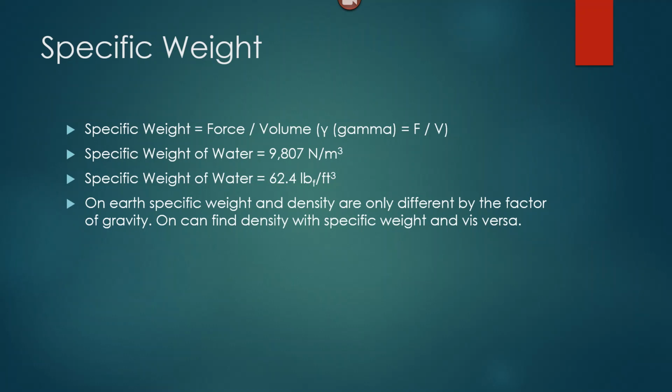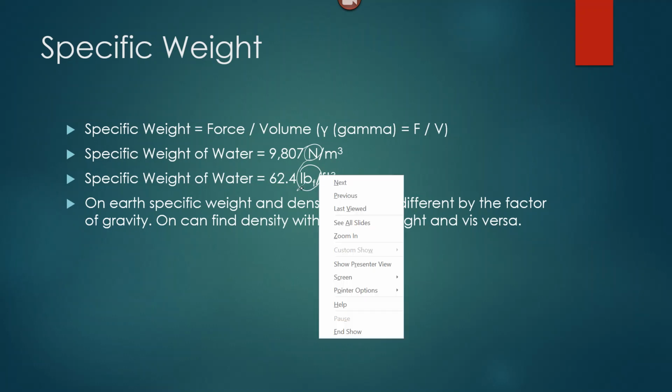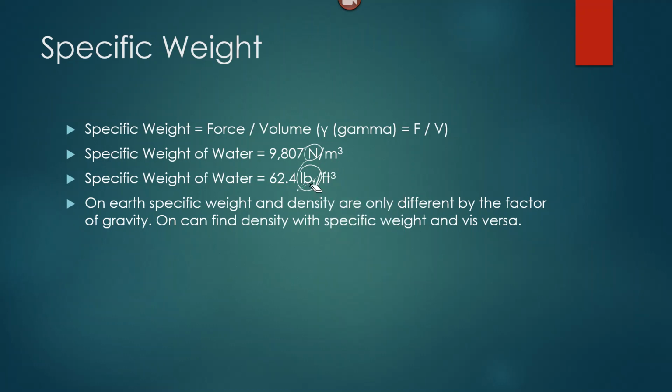I could substitute in here pound and Newton, what we just talked about, kilogram meter per second squared. We could get something completely different, but for right now, this is best to keep things simple. We'll leave it as Newton and pound per some volume, so Newton per meters cubed and pound per foot cubed.